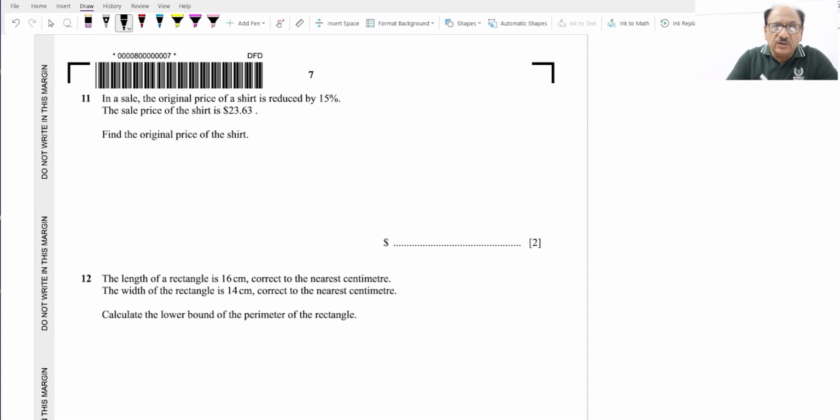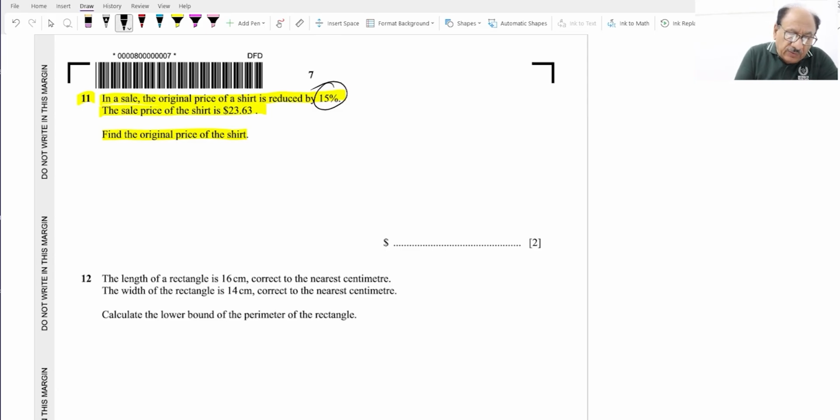Now further, this is question number 11. In a sale, the original price of a shirt is reduced by 15 percent. The sale price of the shirt is 23.63. Find the original price. So reverse percentage, and so 85%.